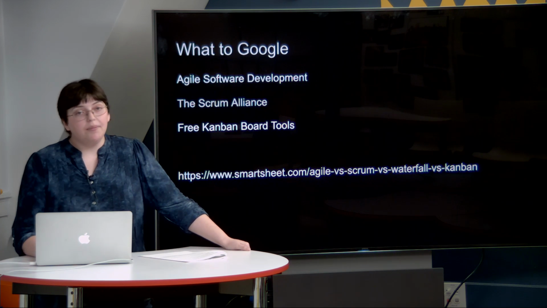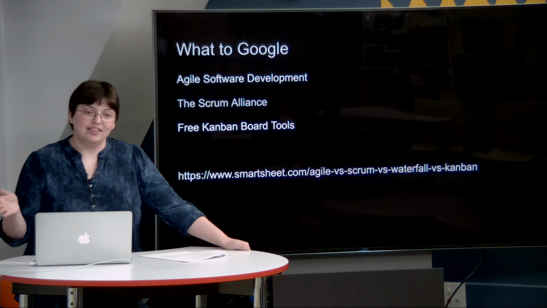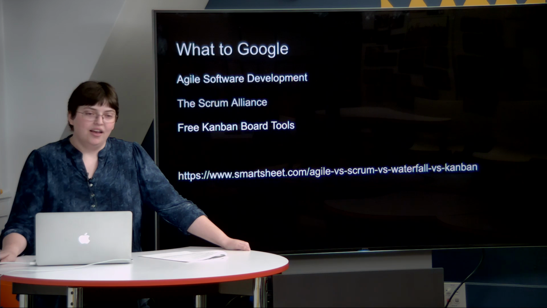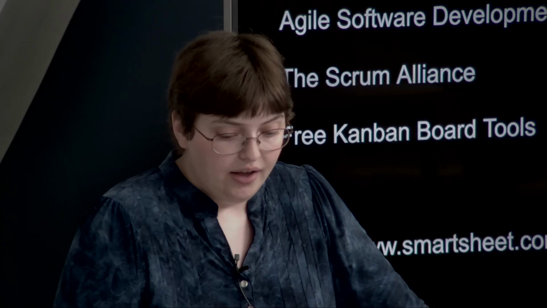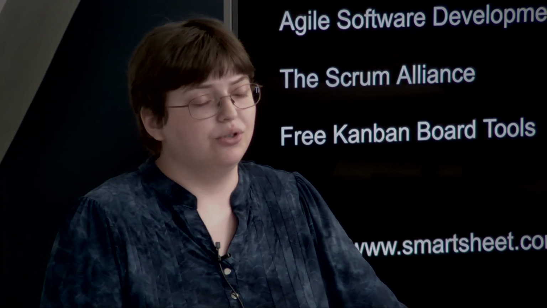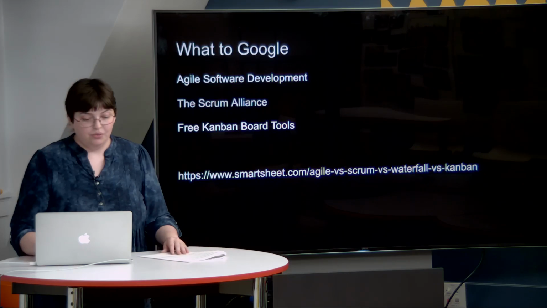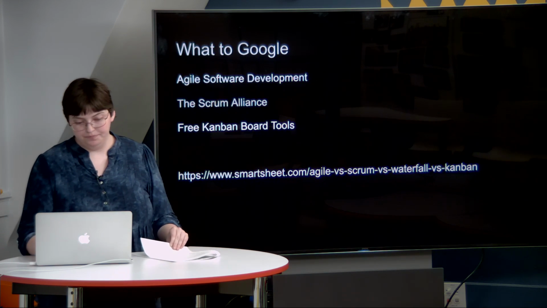And there are some free Kanban board tools out there. If you don't want a physical wall or you're not working in the same place as your teammates, you can set up a virtual Kanban board. And smartsheet.com is a great resource just comparing them all. I used it while I was making this presentation. It's very thorough.